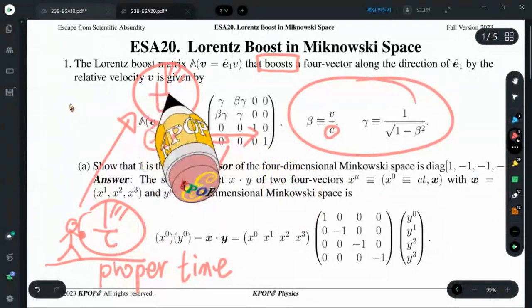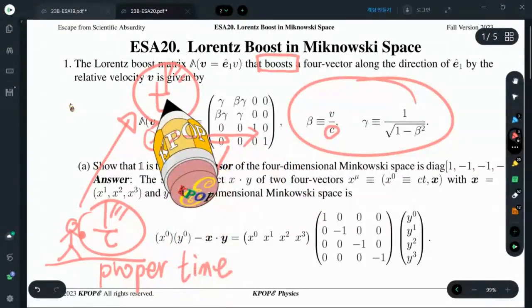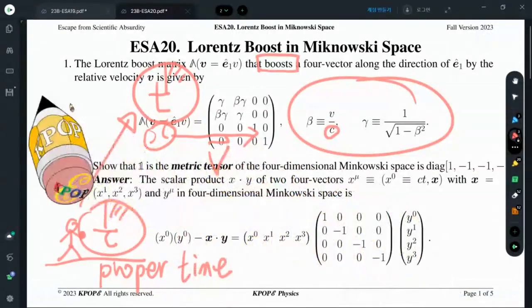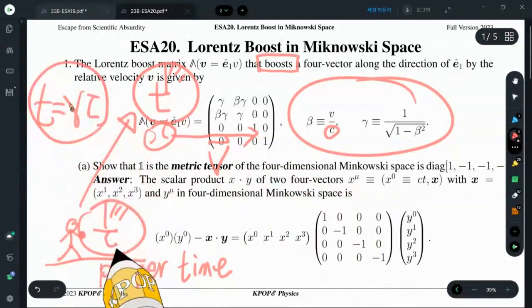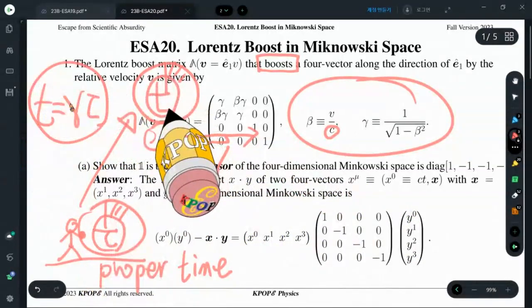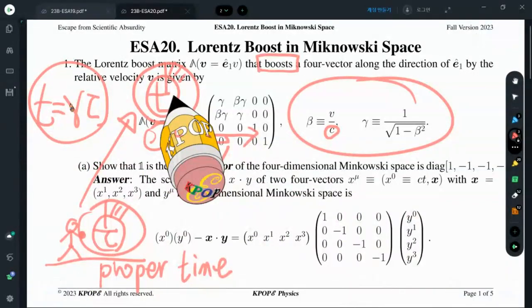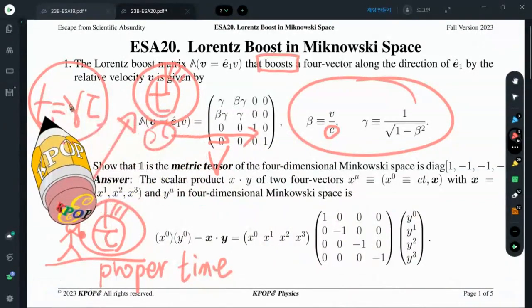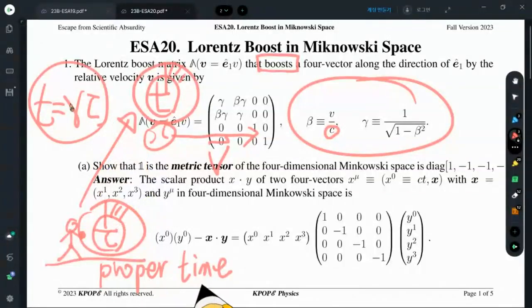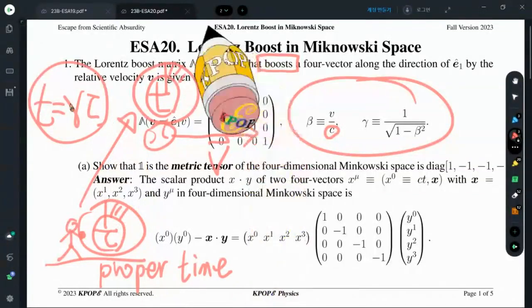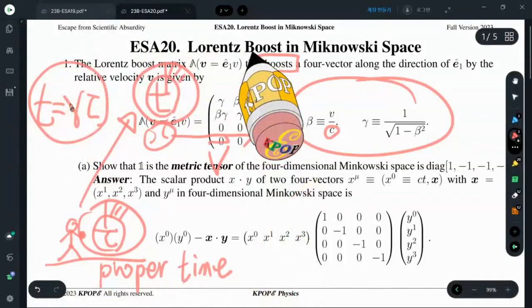This one shows T. And T is gamma tau. This tau, this T, they are different. T is always greater than tau. That is called the proper time. Okay? That's the fact.